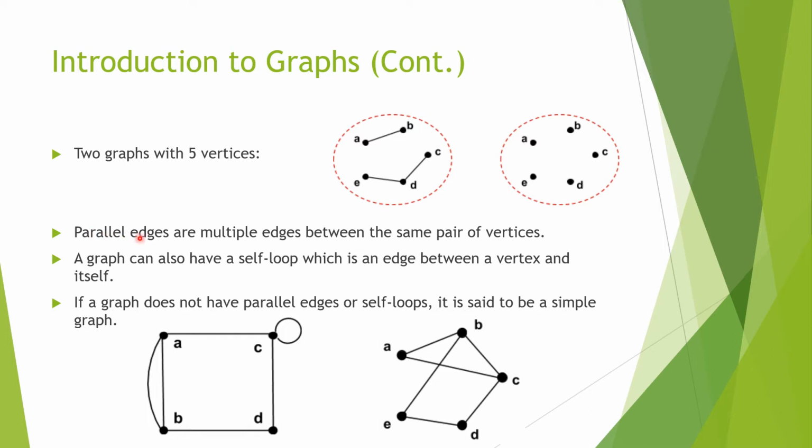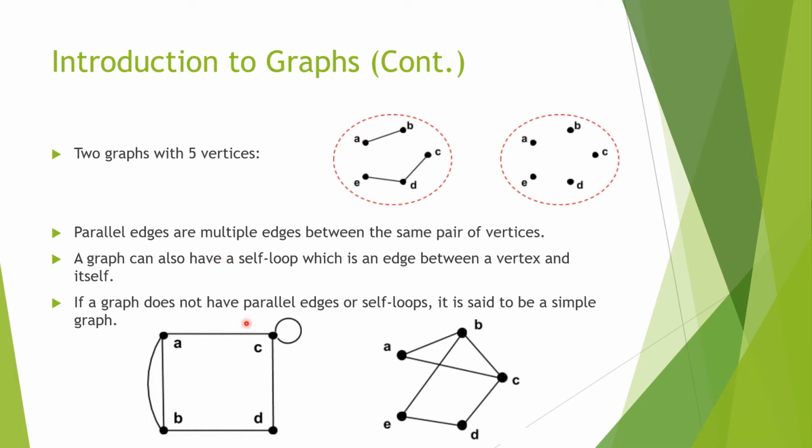Then we define parallel edges. Parallel edges are multiple edges between the same pair of vertices. So if two or more edges have the same endpoints, they are called parallel edges. A graph can also have a self loop, which is an edge between a vertex and itself.